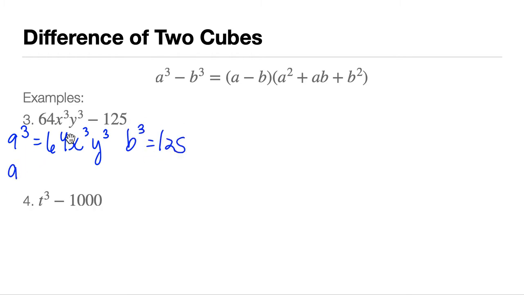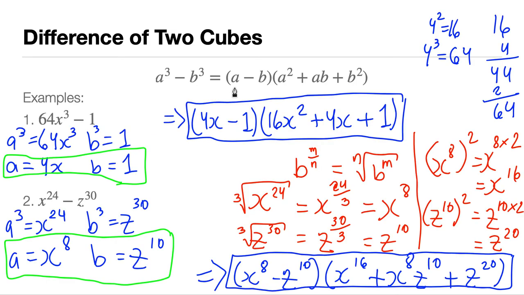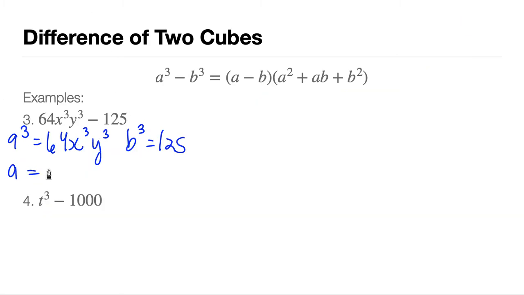So what is a? What's the cube root of 64x cubed y cubed? We know from the previous example that the cube root of 64 is 4, so we're going to follow that here. It's going to be 4. Cube root of x cubed is x. Cube root of y cubed is y. And the cube root of 125 is 5.